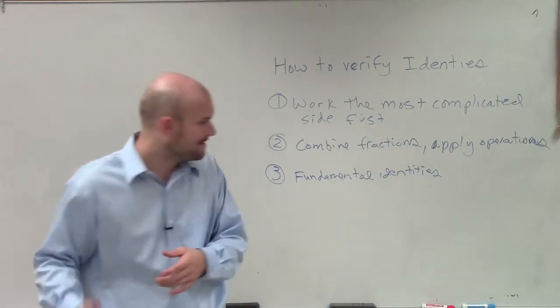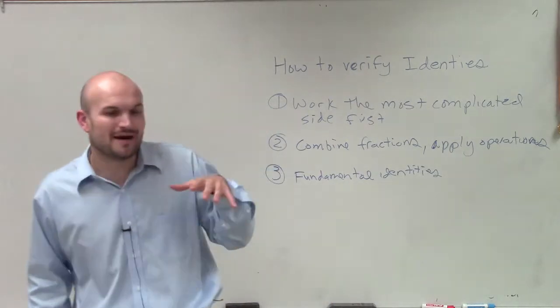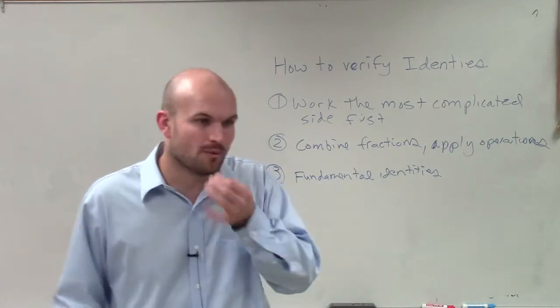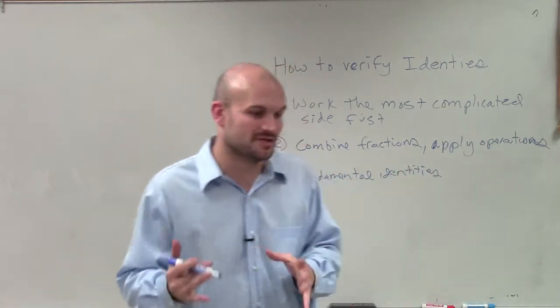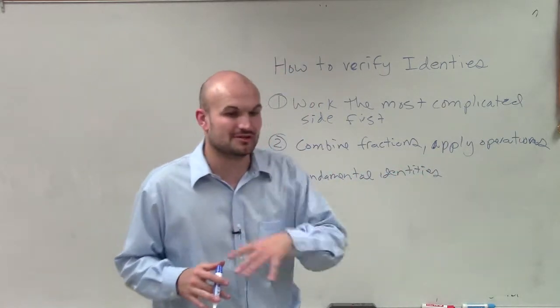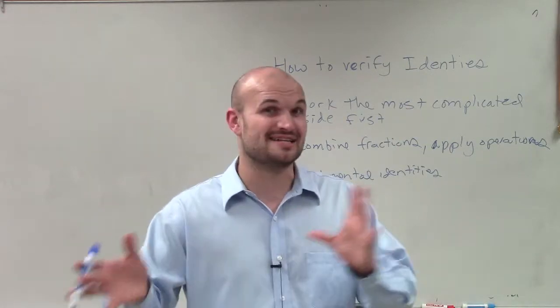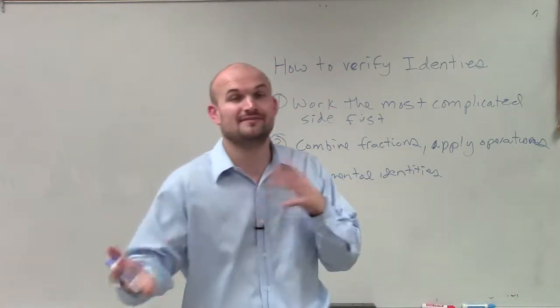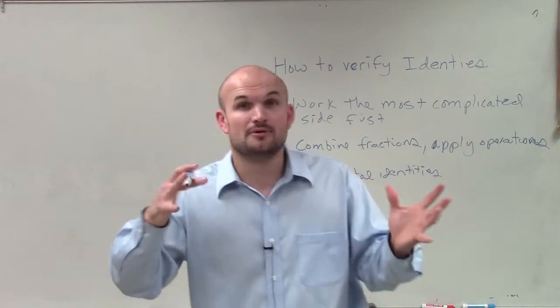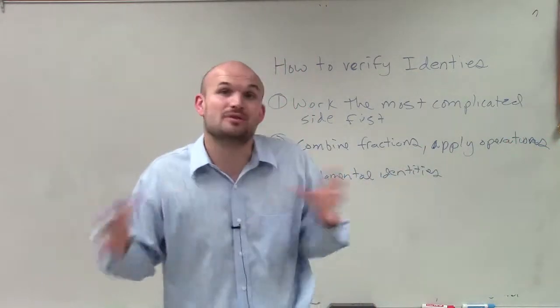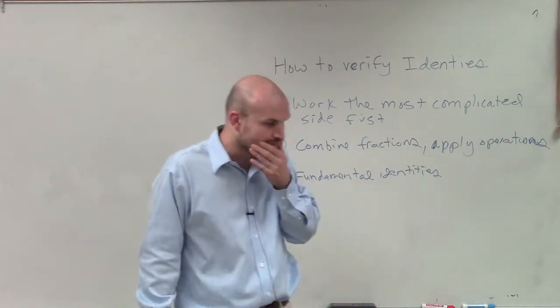You look for options to apply those identities. One thing I always say when we're simplifying: whenever you see sine squared, cosine squared, tan squared, or even the reciprocal function squared, always think Pythagorean identities. Try to plug them in. See what's going to happen.